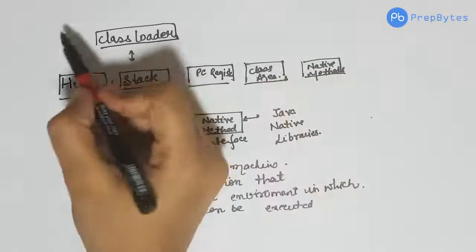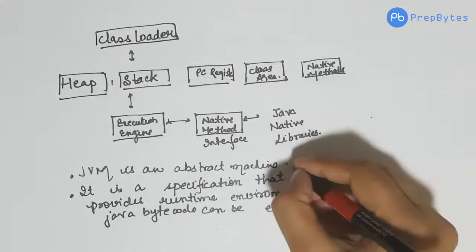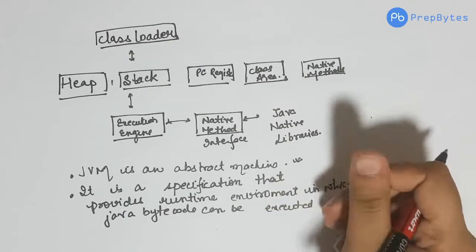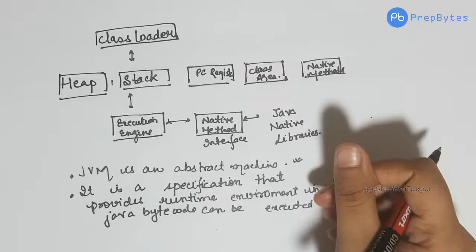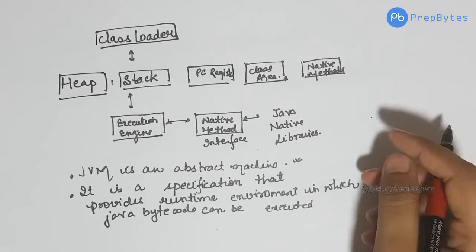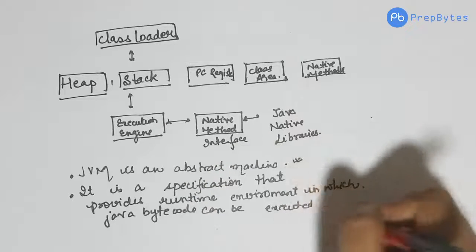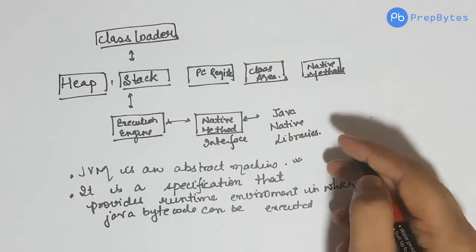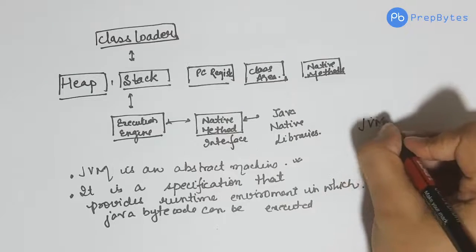So this is the JVM architecture. The JVM is an abstract machine. As I said before, it does not actually exist. It is just a concept, or a specification, that provides a runtime environment in which Java bytecode can be executed.